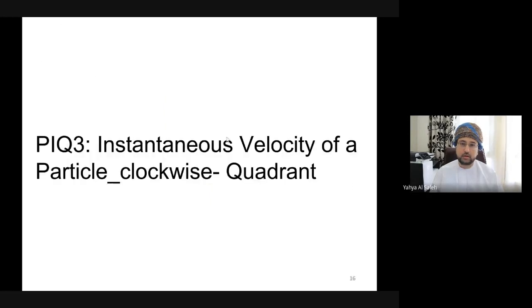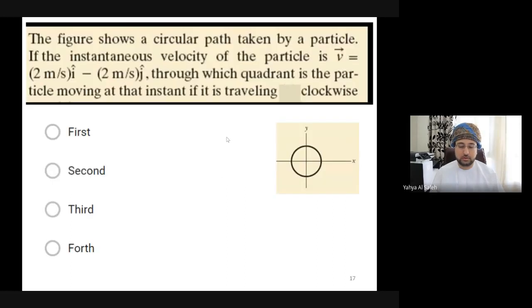Okay, let's do another example. Instantaneous velocity of a particle, clockwise, quadrant. The figure shows a circular path taken by a particle. If the instantaneous velocity of the particle at that instant is v equals 2i minus 2j, through which quadrant is the particle moving at that instant if it is traveling clockwise?